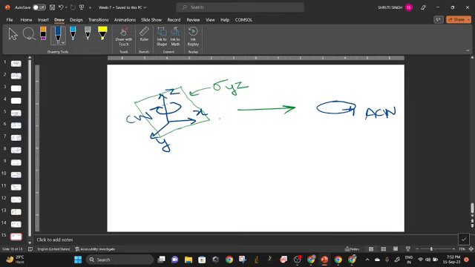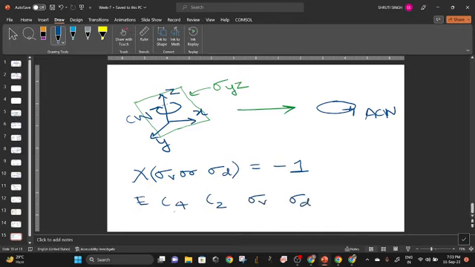The same thing will happen if you put the plane XZ. So here clockwise rotation is getting changed to anti-clockwise. So the character under sigma V or sigma D should be -1. It is changing direction. Hence, for E, C4, C2, sigma V, sigma D, the characters will be 1, 1, 1, -1 and -1.